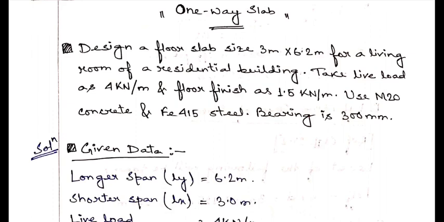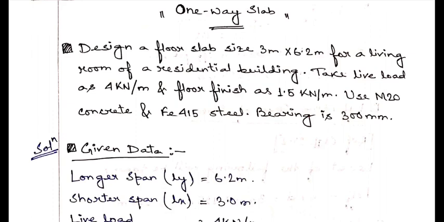So this is the question. As I said in earlier lectures also, when you get a question, first read it very carefully. So size of slab is given, live load is given, floor finish is given, grade of concrete, that is M20, is given, grade of steel, that is Fe415, is also given, and bearing is given.